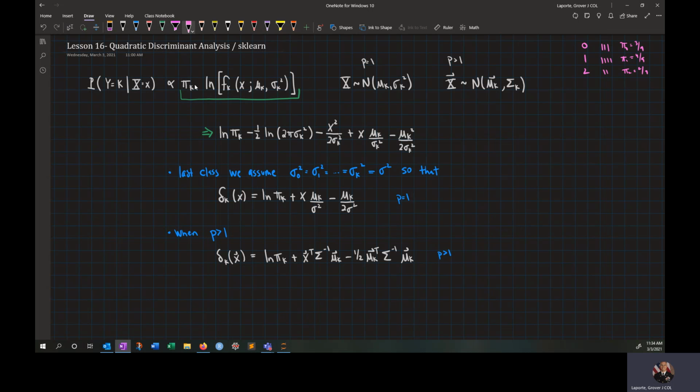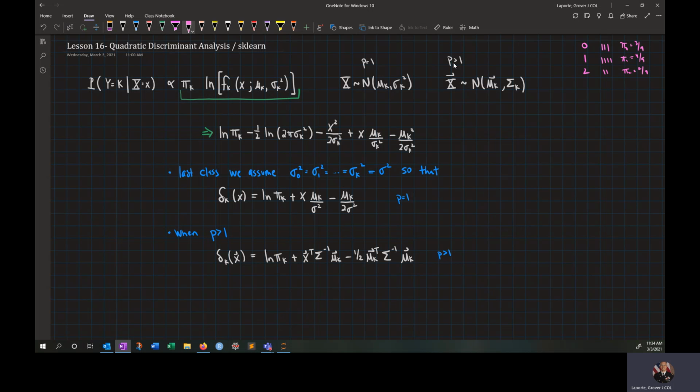So that's the prior probability, and then we take the natural log of this distribution, knowing that we assumed that x came from a normal distribution. And when p is equal to 1, it's a single variable normal distribution where you have a single number representing mu k and a single number representing the variance.